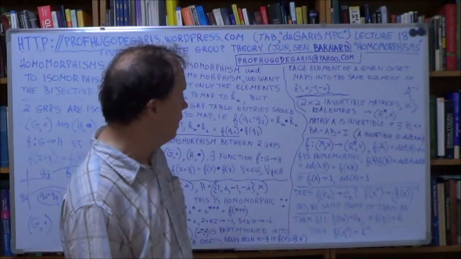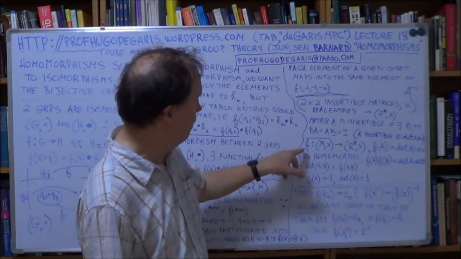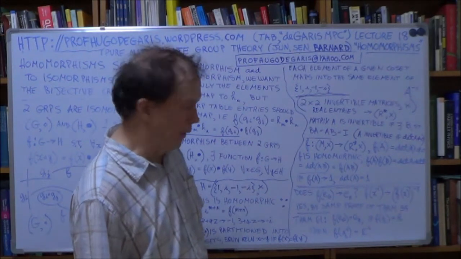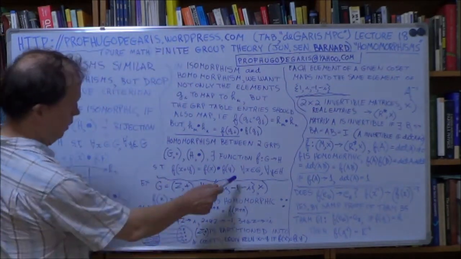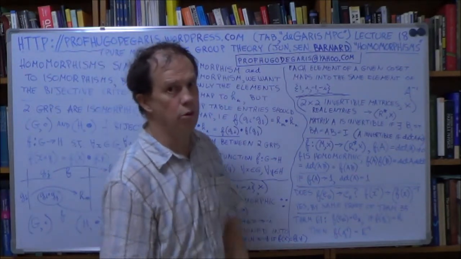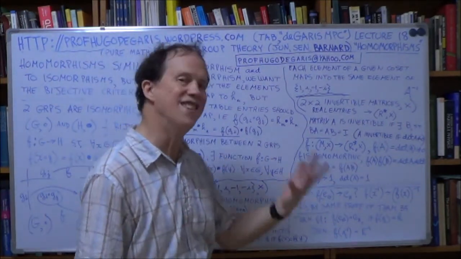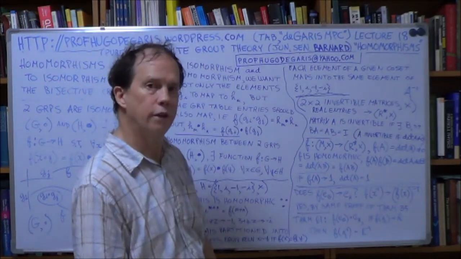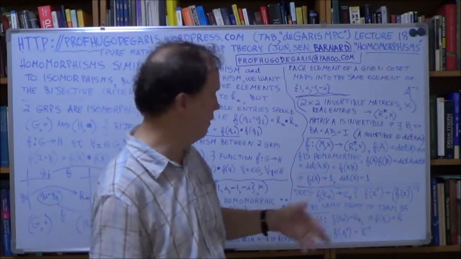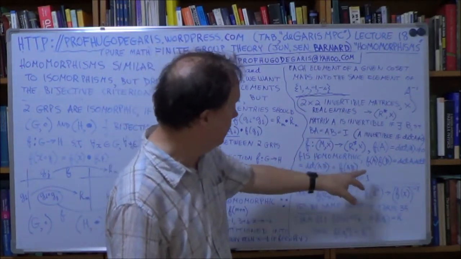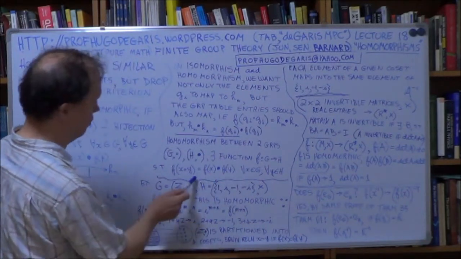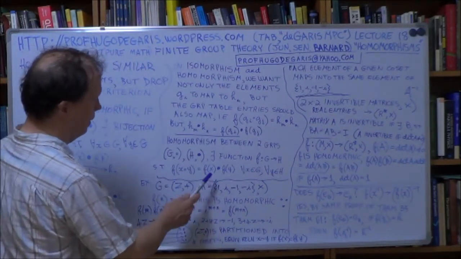Right? Now, how do we prove that this mapping F is homomorphic? Well, we have to show this, right? That's the criterion for homomorphism, that your function F is a homomorphic function, that the mapping is homomorphic. Different ways of saying the same thing. Again, we're starting on the right-hand side, trying to prove the left-hand side.